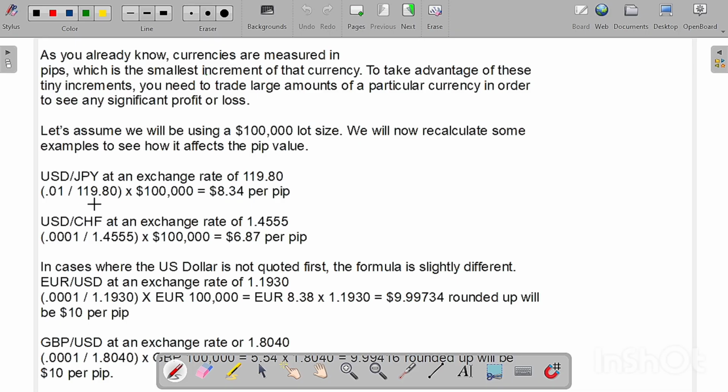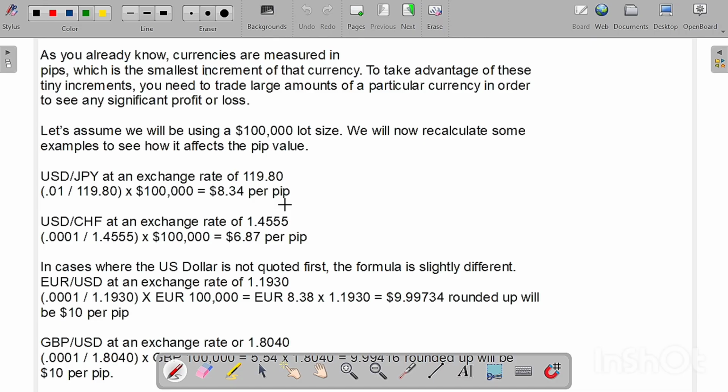Now after you close this bracket, you multiply by the whole standard unit of $100,000. Now it will cost us $8.34 per every pip.